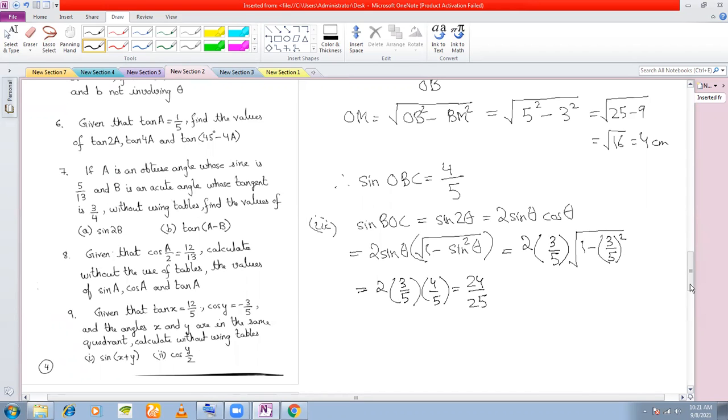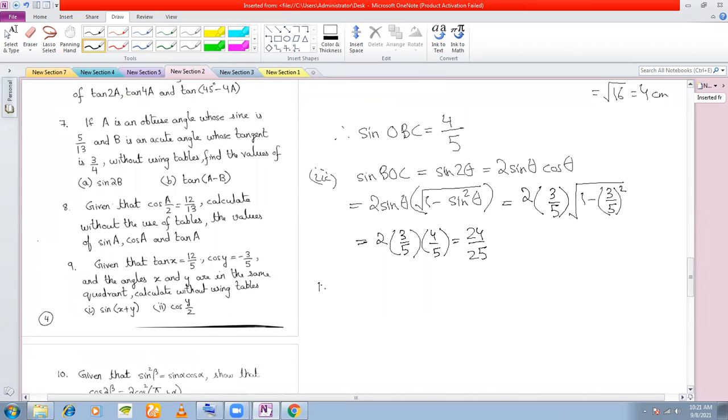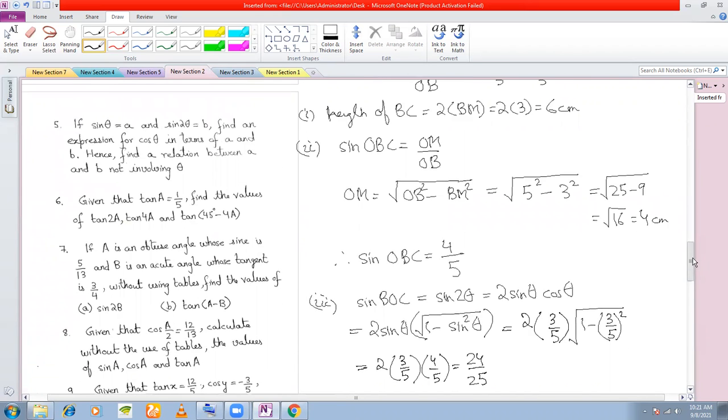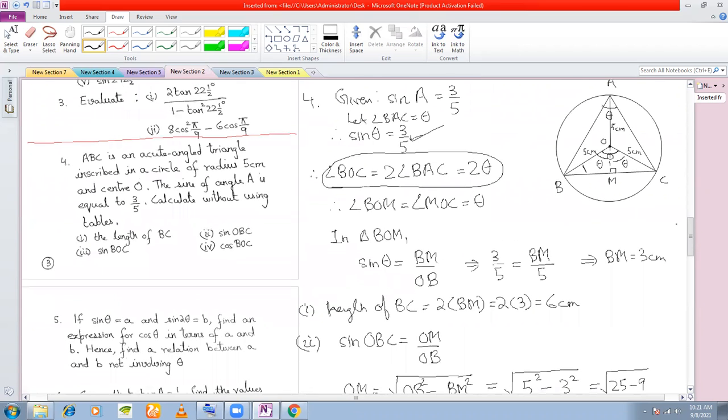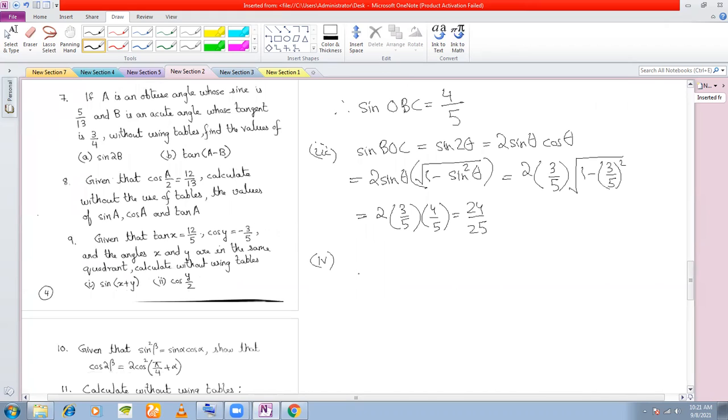Okay. And finally, the fourth one. Fourth one here is cos of angle BOC. BOC is again 2 theta angle, right? So cos angle BOC is nothing but cos 2 theta. And how do you find out cos 2 theta? We know sine theta, right?